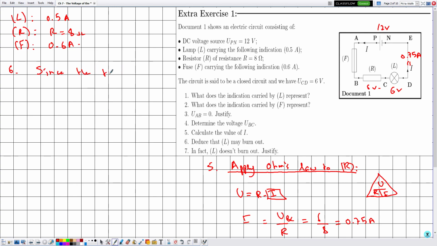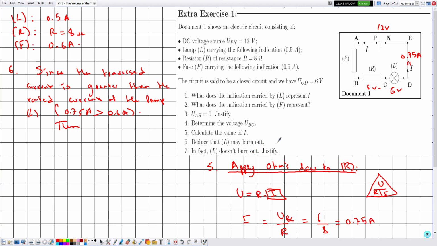the traverse current is greater than the rated current of the lamp L, and between brackets let me specify that 0.75 amperes is greater than 0.6 amperes, then the lamp L in this case may burn out or function strongly.